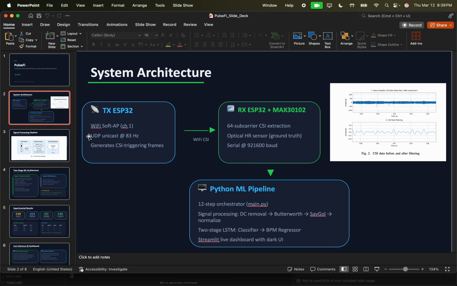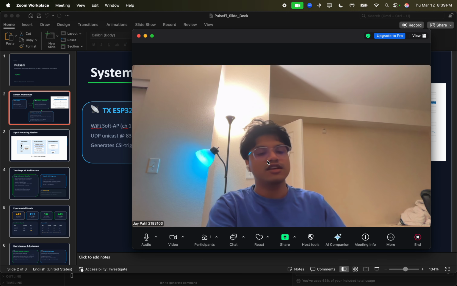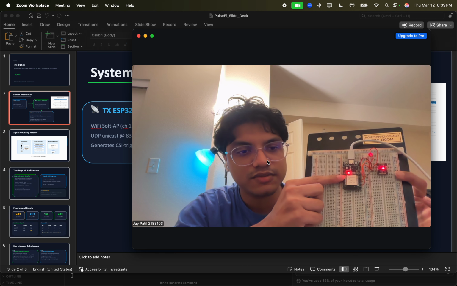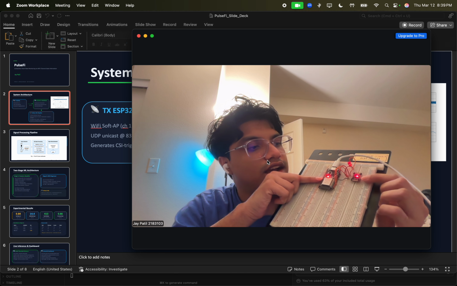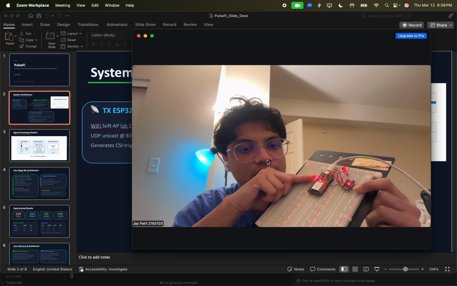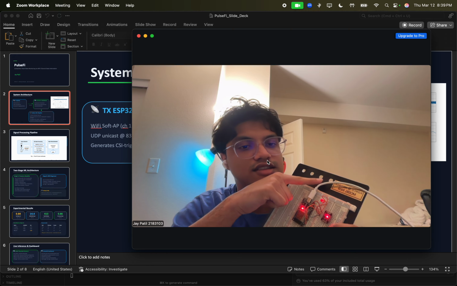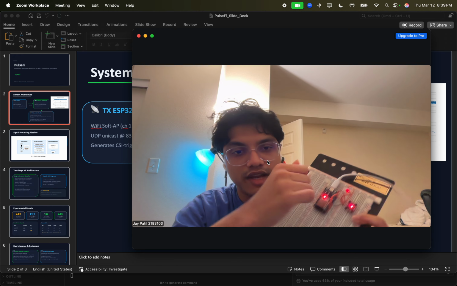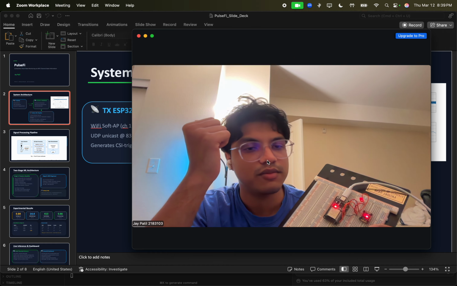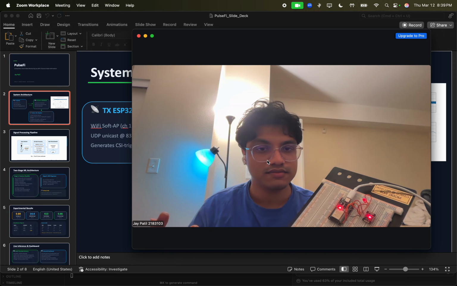Before going any further, let me just show you what the hardware actually looks like. Here we have a breadboard. On this we have the ESP32 receiver module, and this is the pulse oximeter sensor module. The pulse oximeter sensor module is connected to the ESP32 via serial in, and the whole thing is connected by USB cable to my laptop, which feeds the live inference data from our module directly to our machine learning model.